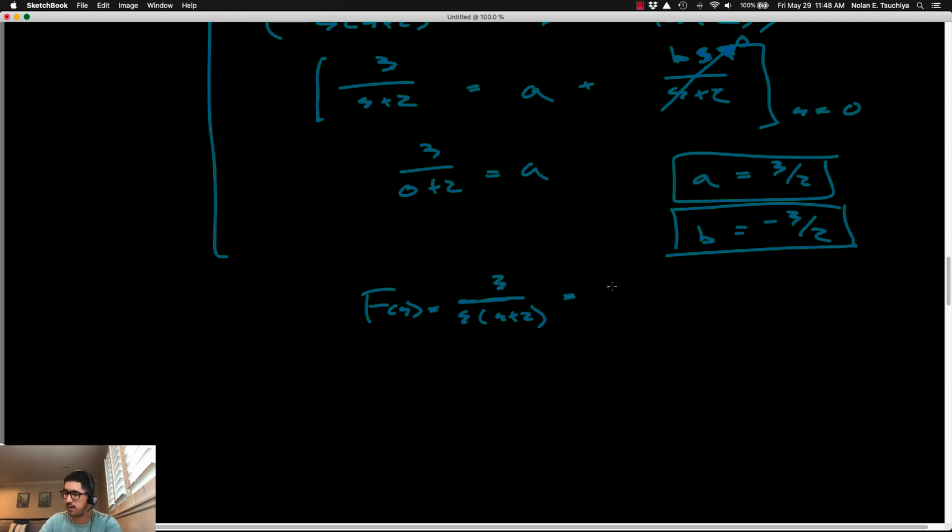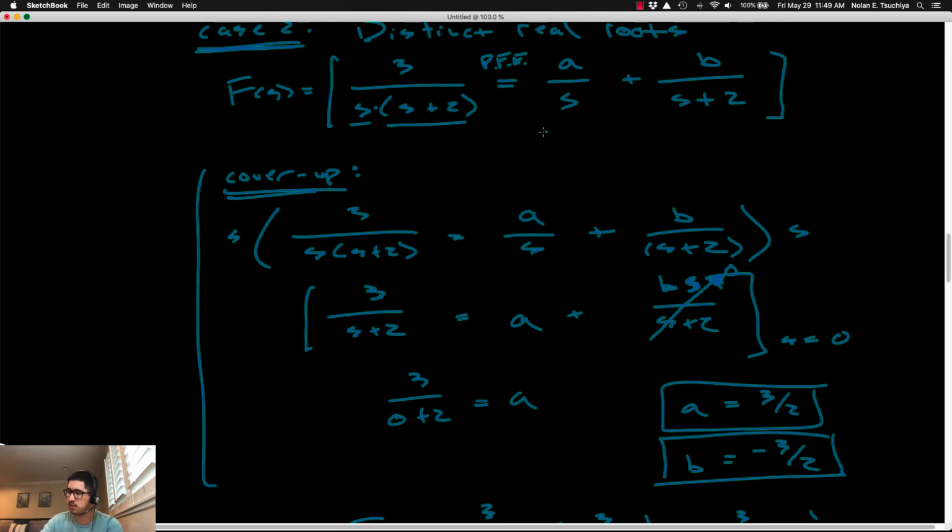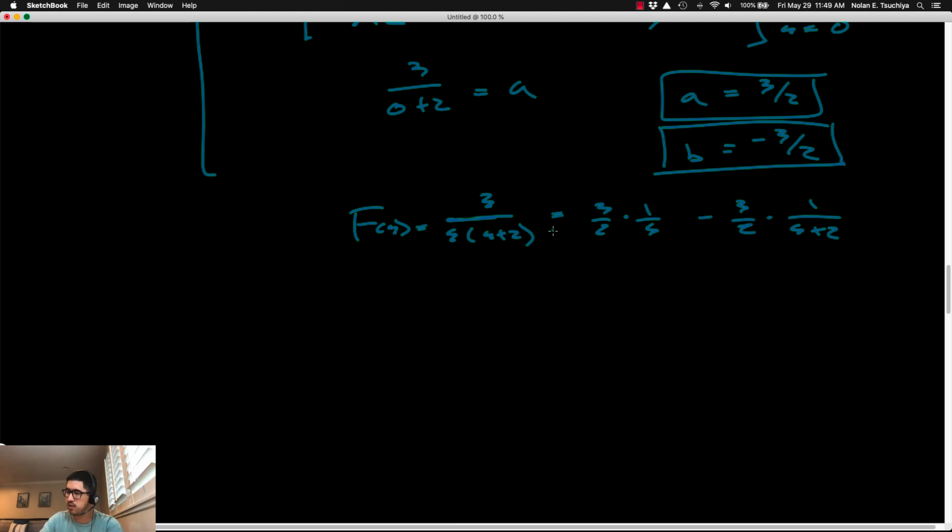Another way to write that is 3 halves times 1 over s minus 3 halves times 1 over s plus 2. That's what our partial fraction expansion set up here. So I found a and b, and I'm just rewriting it in this different way. These are both equal to the original f of s function.